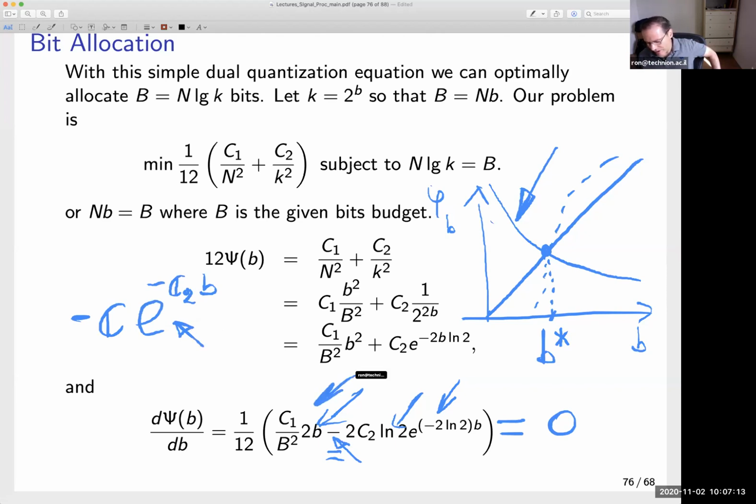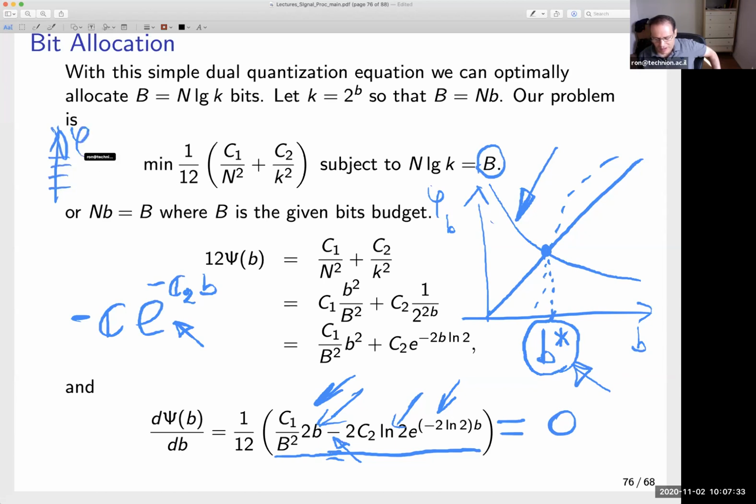And the intersection point is exactly where I can find my optimal b. So it doesn't really matter how you solve this equation, but once you solve it, you get the optimal way of distributing your capital B number of bits between the values of psi and the values by which you quantize your time interval. Okay, so this is okay.